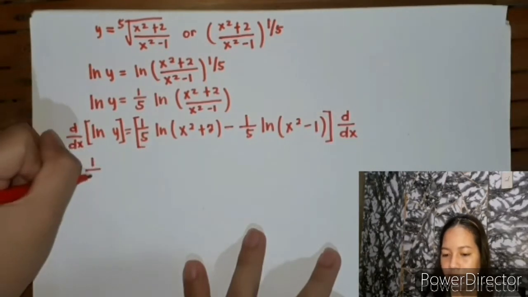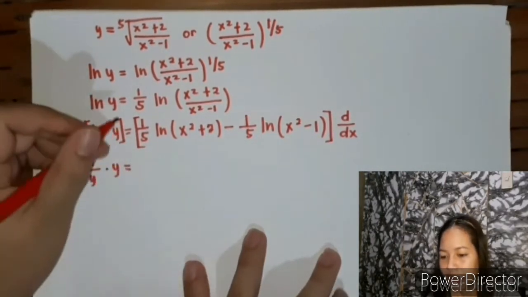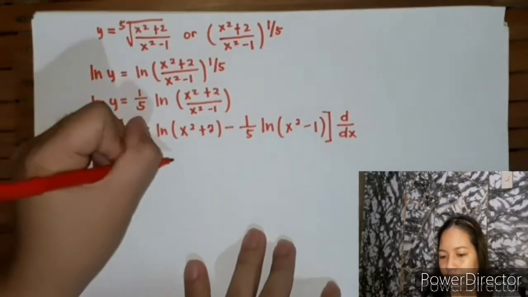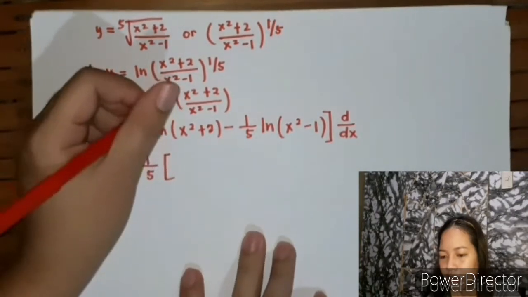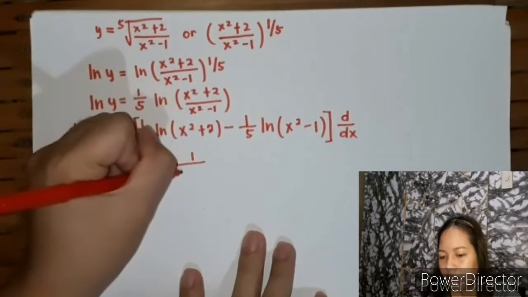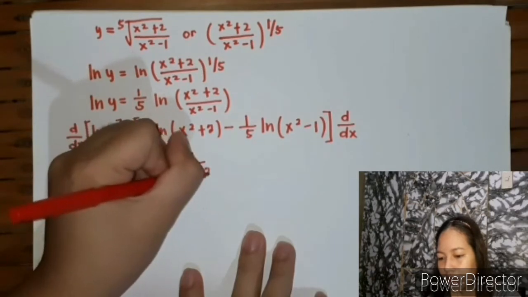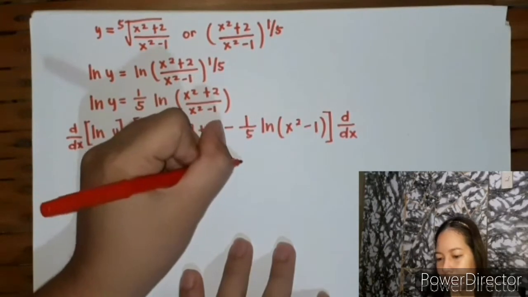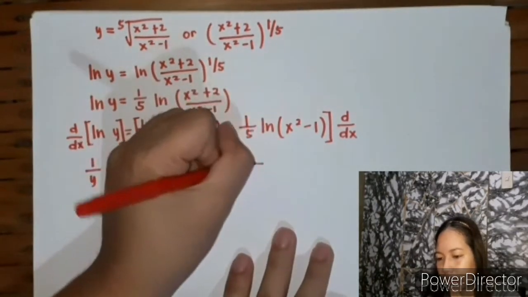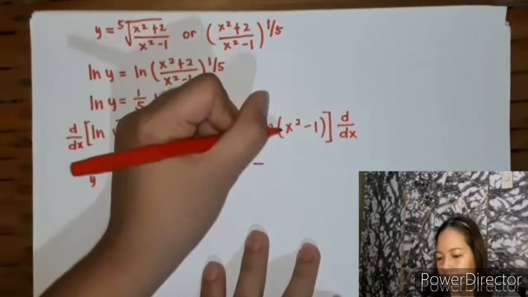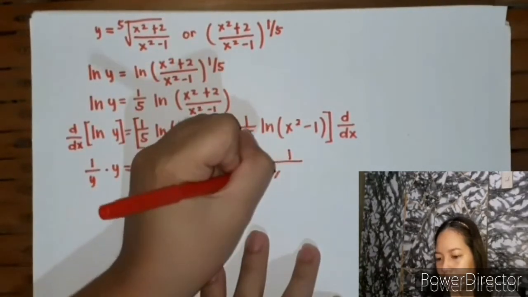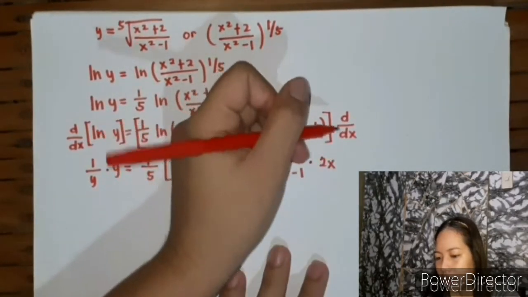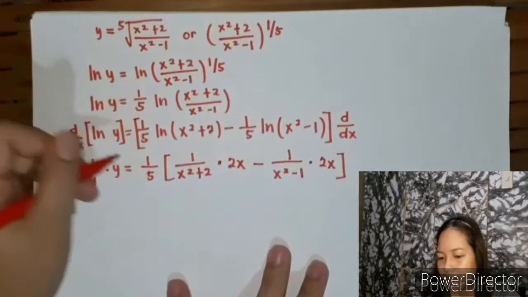It will become 1 over y times y prime is equals to, just copy 1 over 5, and then the derivative of x squared plus 2, it will become 1 all over x squared plus 2, then the derivative of x squared, it will become 2x, minus the derivative of ln x squared minus 1, it will become 1 all over x squared minus 1 multiplied by this derivative of x squared, it will become 2x.